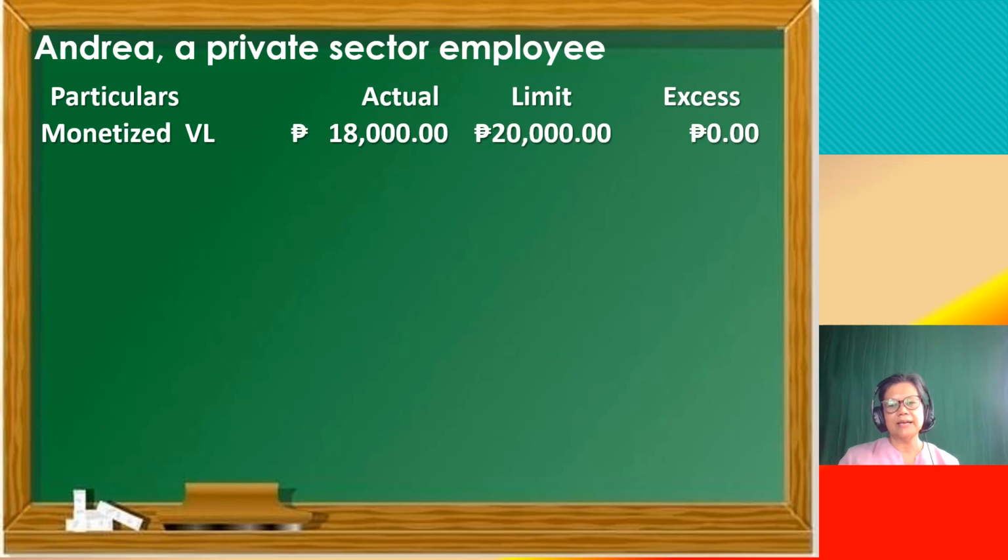It is 2,000 pesos per day times 10 days, because 10 days is the limitation for monetized vacation leave if you are a private sector employee. The excess will be 0. Why? The actual is lesser than the limit. Therefore, there is no excess. 18,000 pesos less 20,000 pesos, 0 excess.